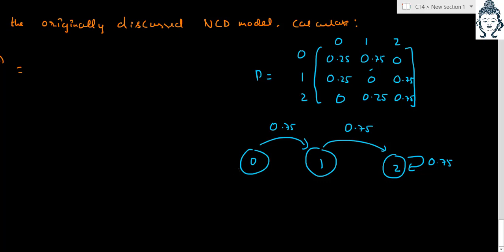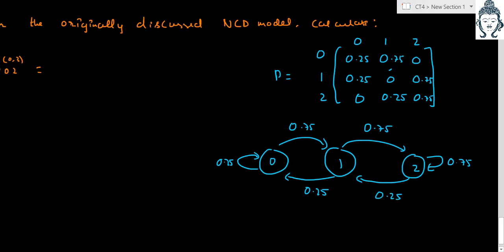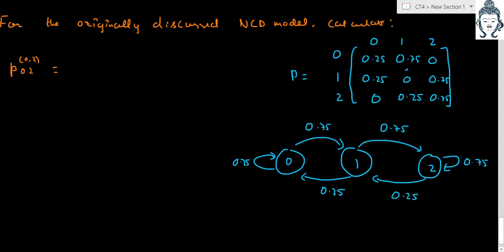Now if you are in 0 and you go down, you stay in 0, so that is 0.25. If you are in 1, you go down to 0, that is 0.25, and if you are in 2, you can go to 1, that is 0.25. So this is what your transition diagram looked like.